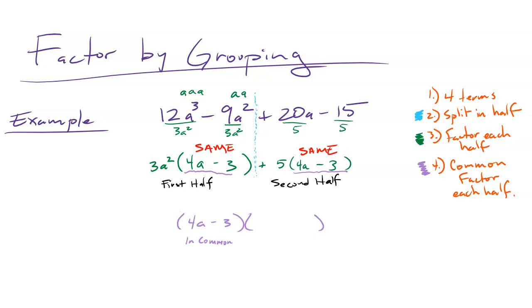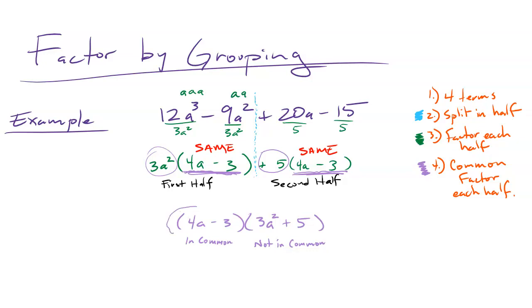I didn't even think of that right now. The second parentheses is going to be the information that's not in common. So, when I'm looking at the first half, this stuff was in common. This stuff was not in common. So I'm going to put that in the second parentheses.